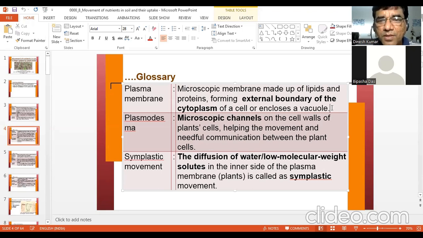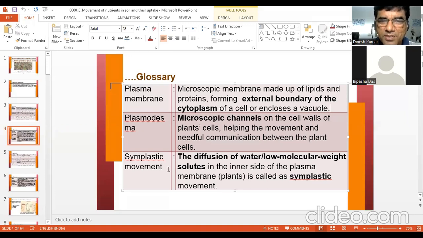So sometimes a nutrient has to pass from cell to cell via the vacuole. First, it will enter the vacuole, then come out of the vacuole, go to the next cell by plasmodesma, and then the same process again. And sometimes it may escape the vacuole and move directly from the cytoplasm of one cell to the cytoplasm of another cell. So there can be different routes of transport of nutrients through the cells.